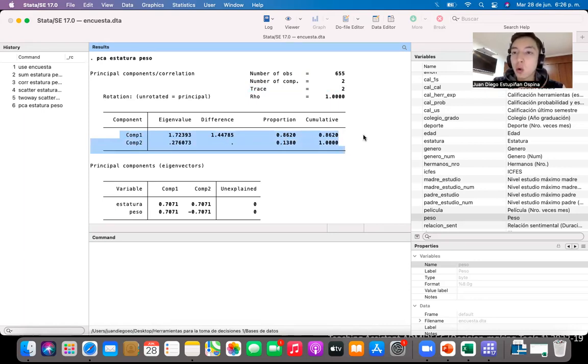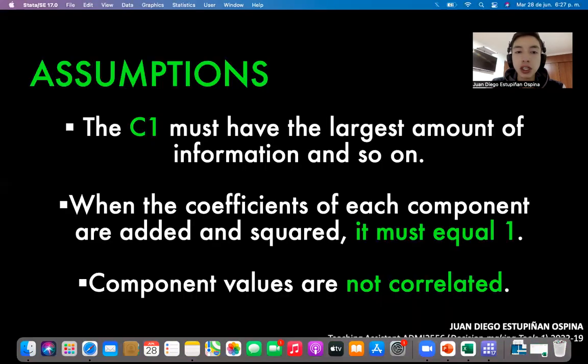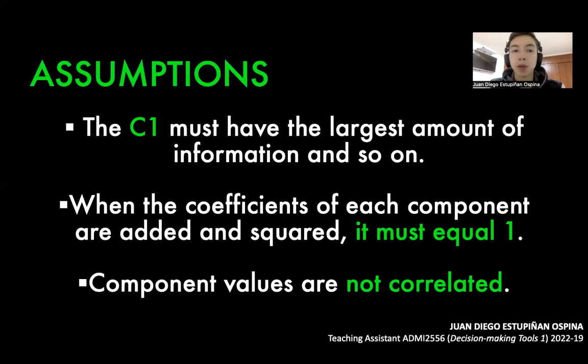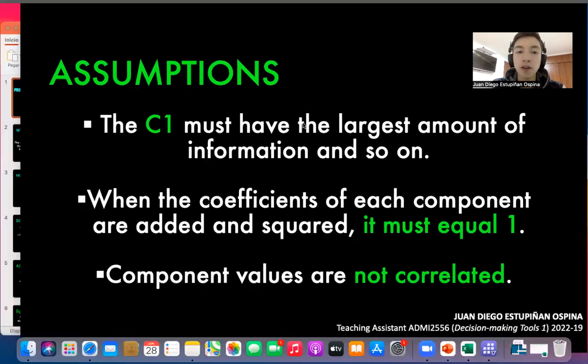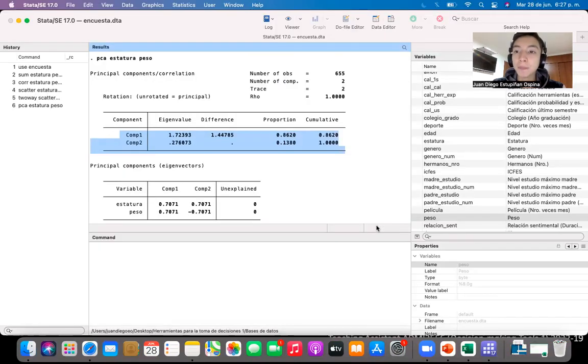Maybe we could go back to the assumptions. Here, for example, we have said that the first component has the largest amount of information. That could be proved by analyzing this column, which is named proportion, because this number shows the proportion of the variability that the first component represents from the data.